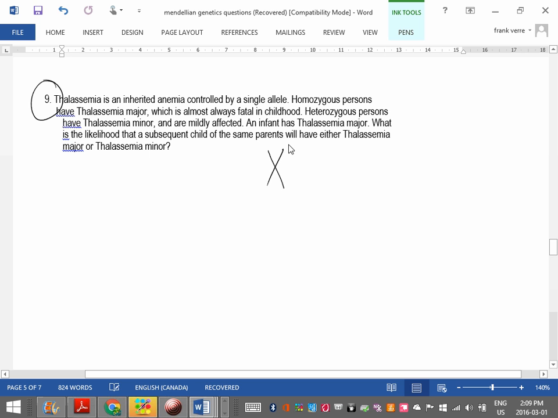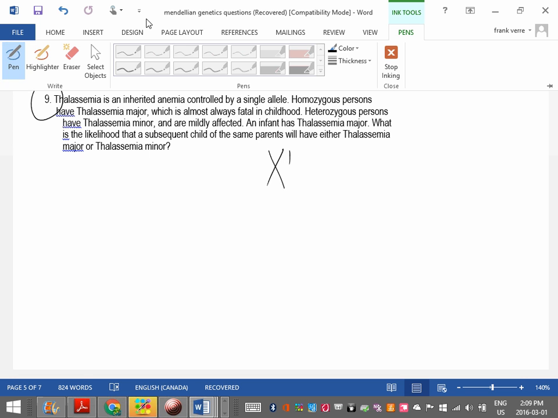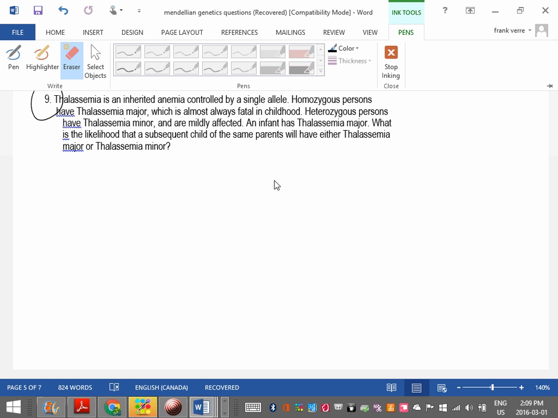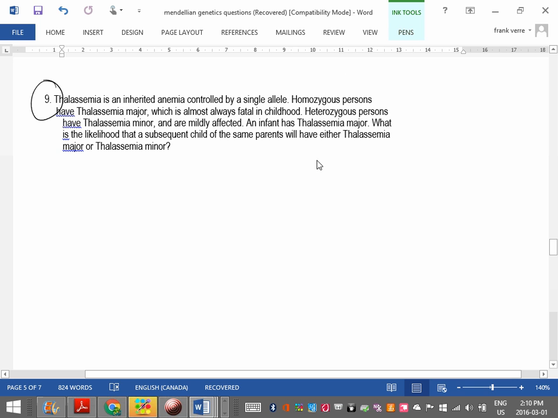So let's say this is not sex linked. So let's say this is normal and this is disease. So if an infant has thalassemia major, what must they have? Yep.